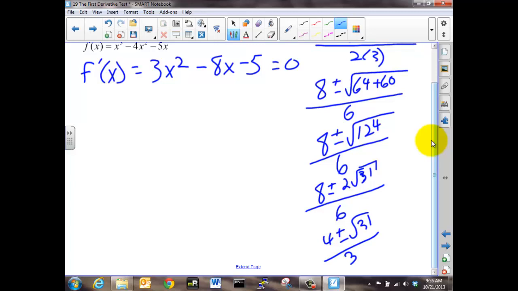I got two ugly numbers like that. Okay? 124 is 4 times 31. And the square root of 4 is 2.